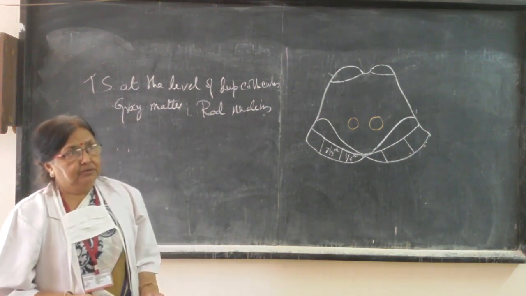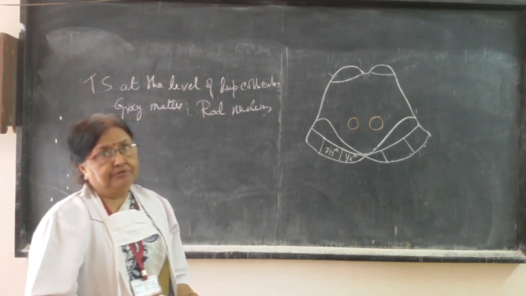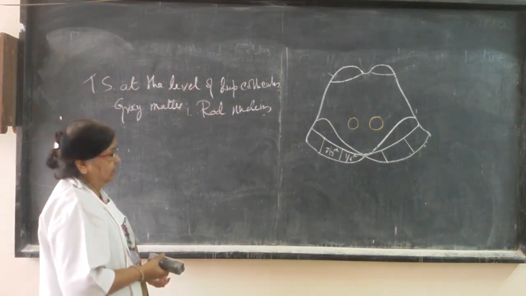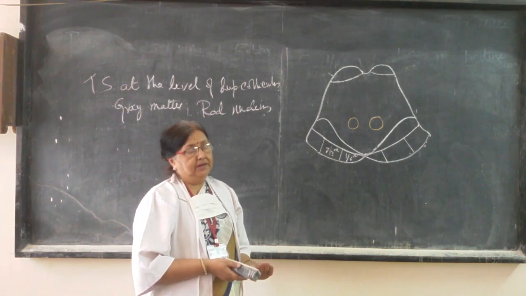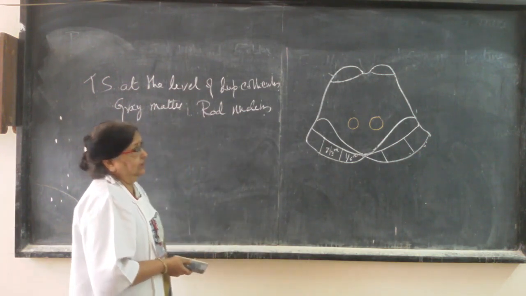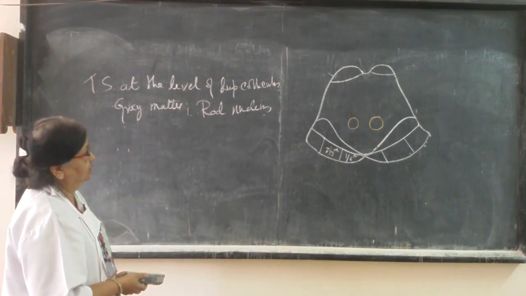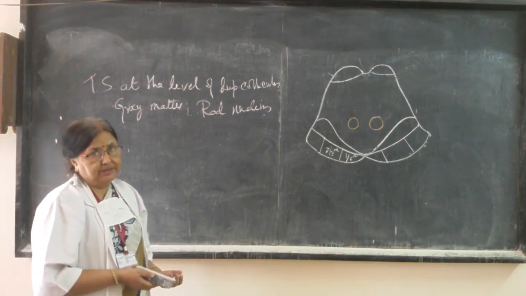It is called the red nucleus because in fresh preparation it appears red, because of its high vascularity and also because of the cells which contain pigments.